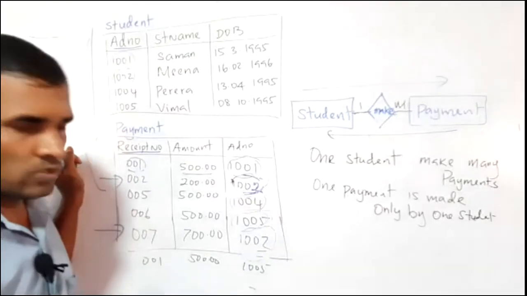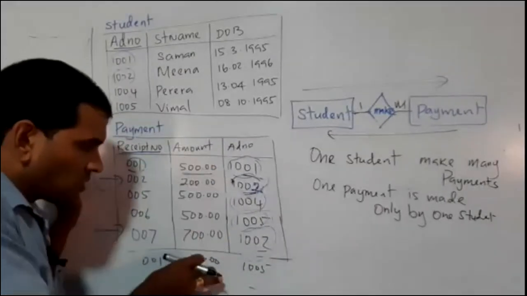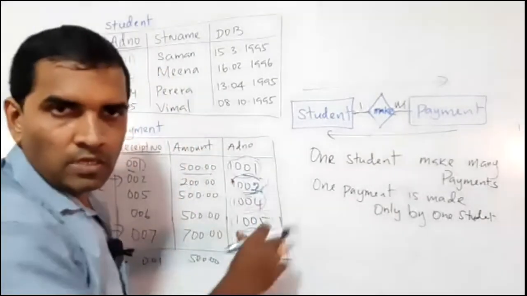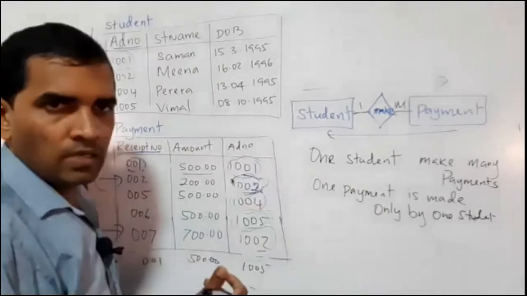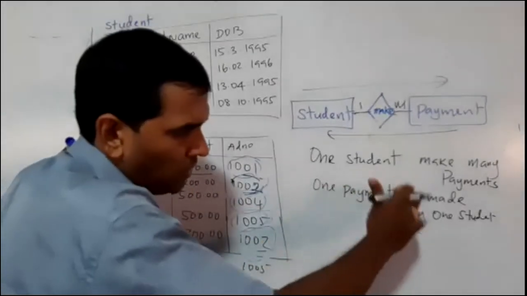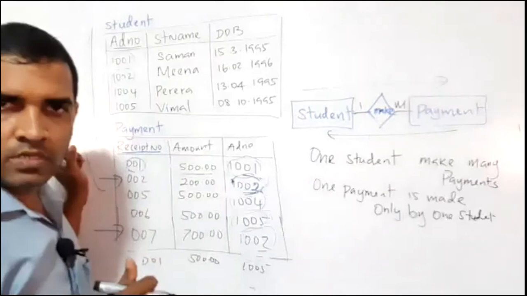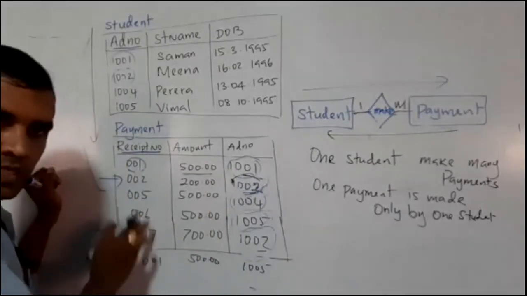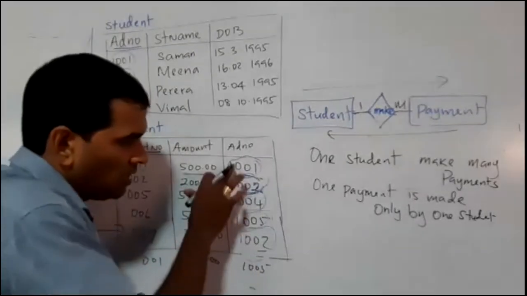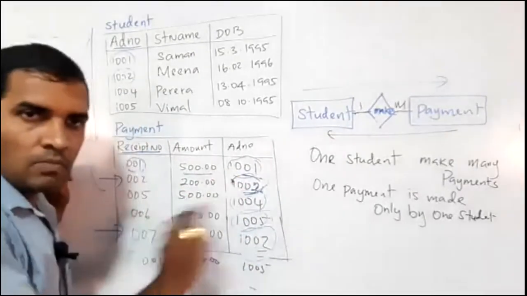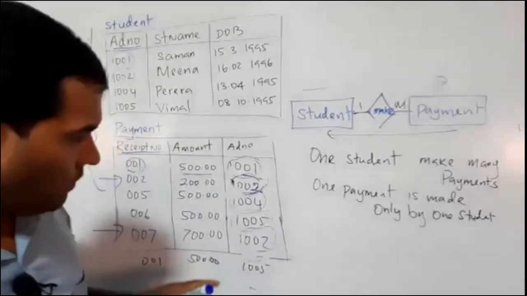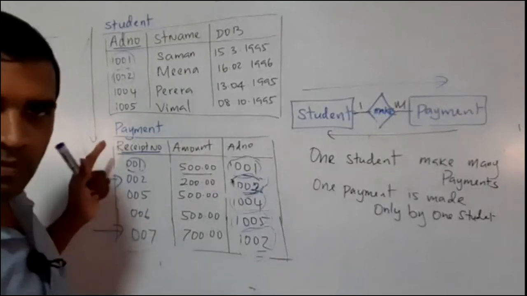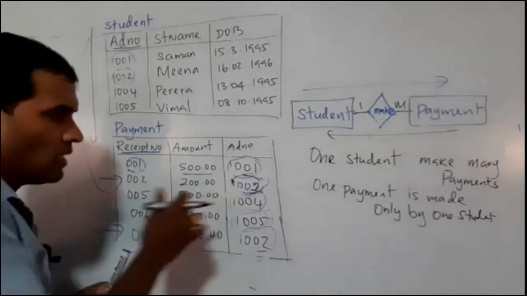This is impossible. If it is repeated like this, then this sentence or this meaning is violated, because according to it, one payment is made by only one student. If payment 001 was made by 2 students, that is not found, because for every payment, since it's a primary key, there is only one student.